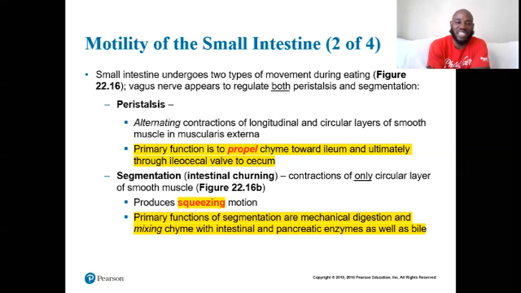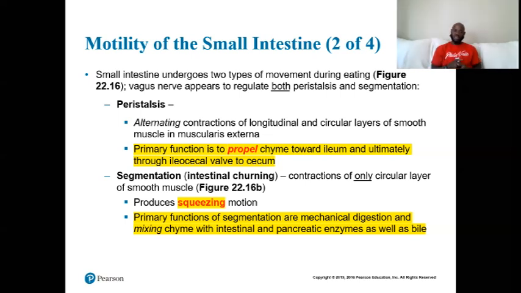And we also have segmentation, contractions of only the circular layer of the smooth muscle, which squeeze. Remember, like you're pushing something through a tube, a squeezing motion. The primary functions of segmentation are mechanical digestion, further breaking it down mechanically, and mixing the chyme with intestinal and pancreatic enzymes, as well as bile from your gallbladder, which we're going to talk about.